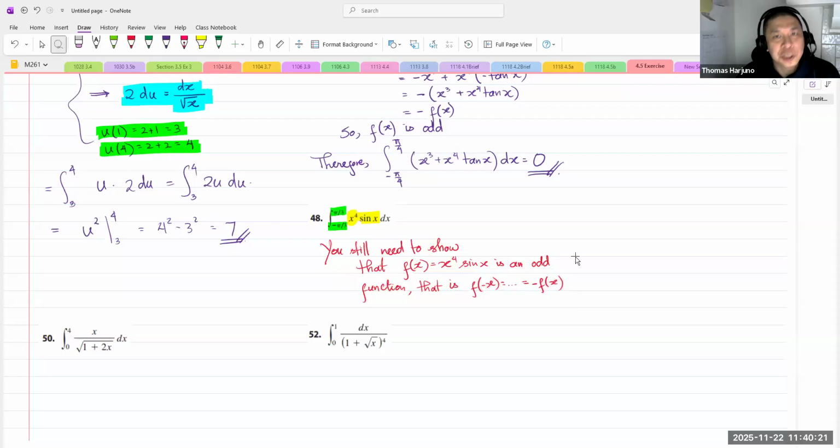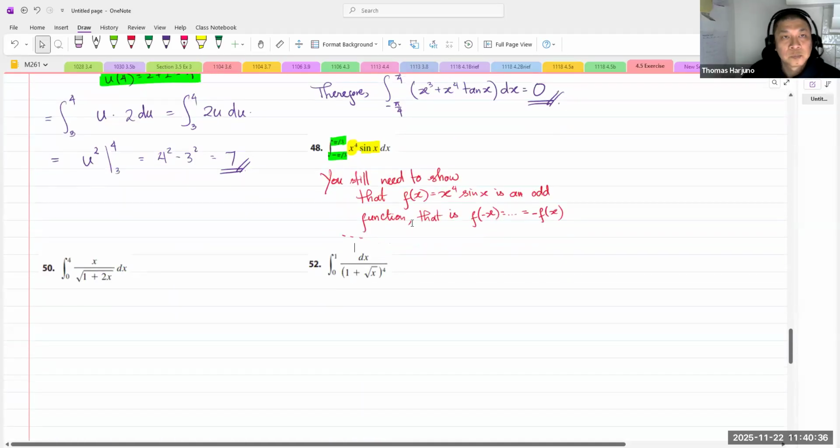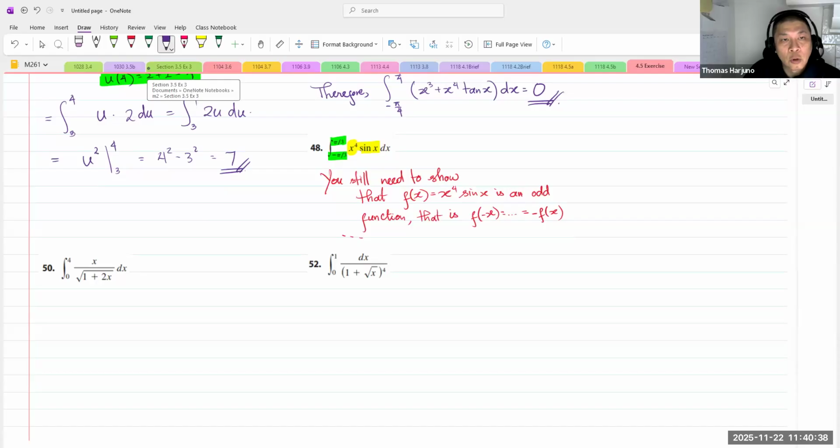Talk is cheap, unless you can show that explicitly. Now you can work that out yourself, but number 48 is very similar to number 43. Okay, let's go on.